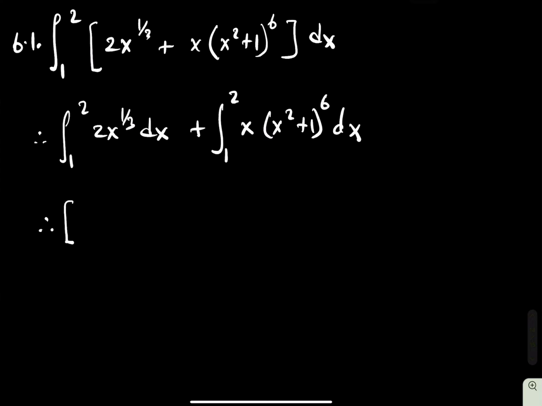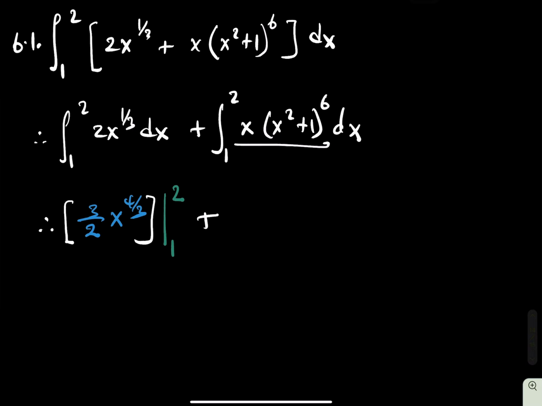You are primarily going to divide 2 by 1 over 4. If you divide 2 by 1 over 4, you're going to get 3 over 2 x to the power 4 over 3. It's that integral, and your bounds are moving from 1 to 2. Same stuff with the other one.